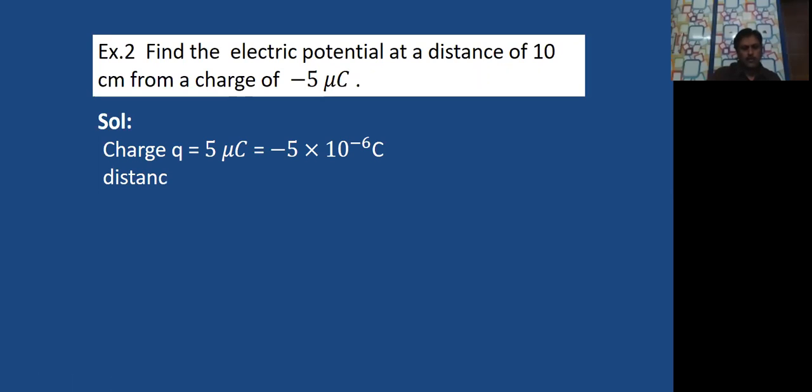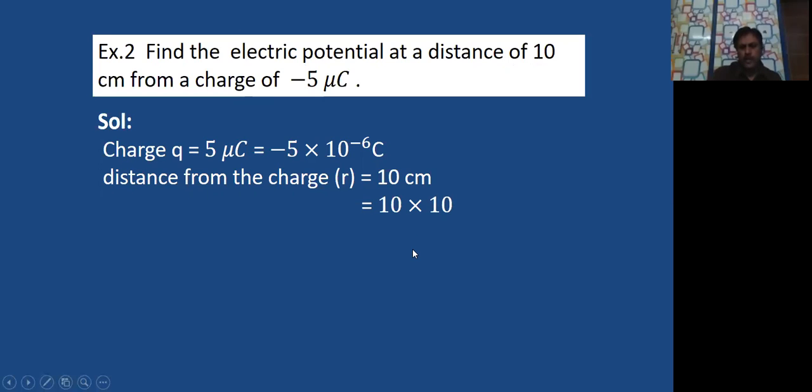Distance R from the charge: how much is the distance? Read the question once again, 10 centimeters. Again convert into meters. 10 into 10 to power of minus 2 meters. What is 10 into 10 power minus 2? 10 power minus 1 meters.